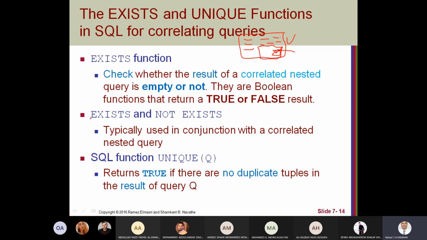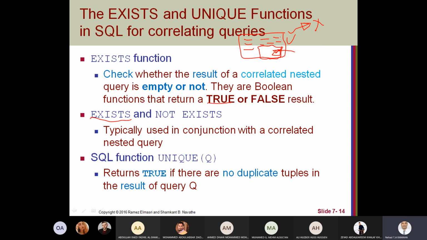If you use EXISTS and this one has a value, it will return true, which means you will get the result or output from the outer select statement. If the inner one does not have values or is empty, then this will return false, which means you will not get output for this tuple.